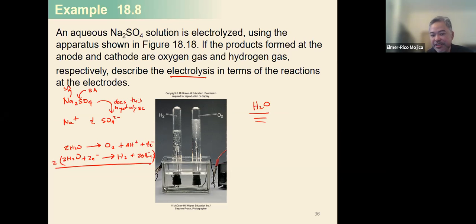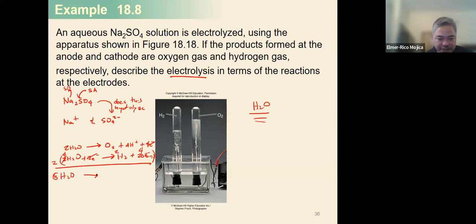Because I have 4 electrons here, I only have 2 electrons here. So if that's the case, I will have 2 water here, and this becomes now 4 water. So this will become 6 water. Now the 4 electrons are canceled out. So this is 2H2 and this is 4OH-.